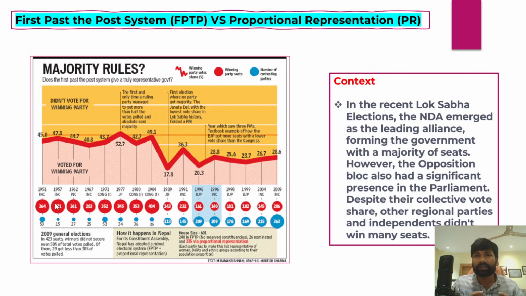Now if you look at India's election system, the first past the post system is a very common election method used in India whenever we elect candidates for the assembly and for the Lok Sabha.